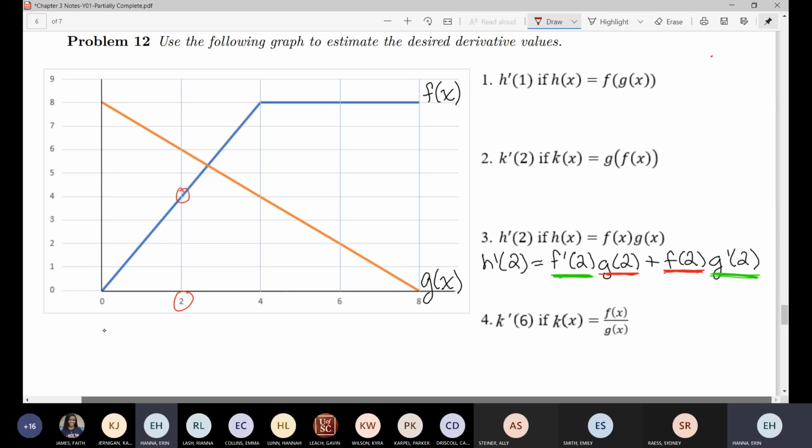So we've got y equals 4 for f of x, so f of 2 would be 4. And then where is g of x? G of x is at 6, so g of 2 would be 6. So I'd have 6 and 4 so far.